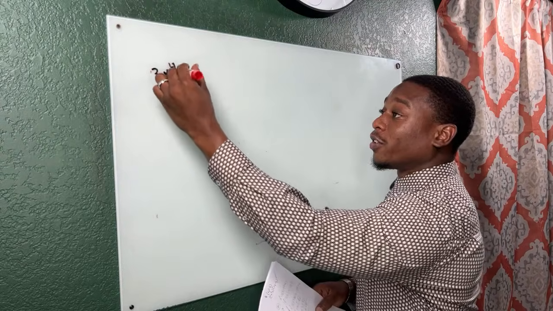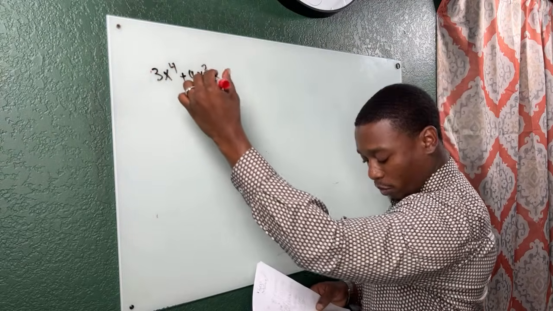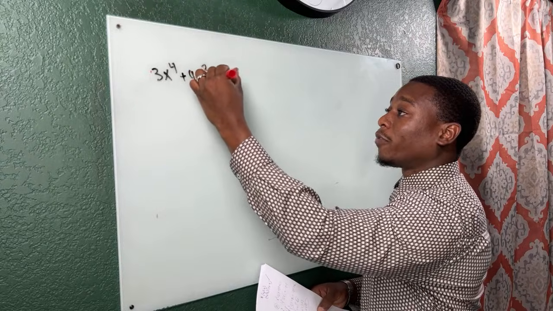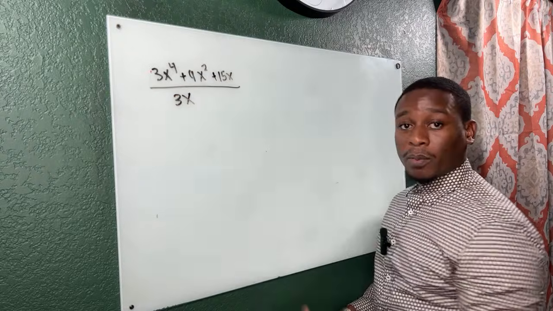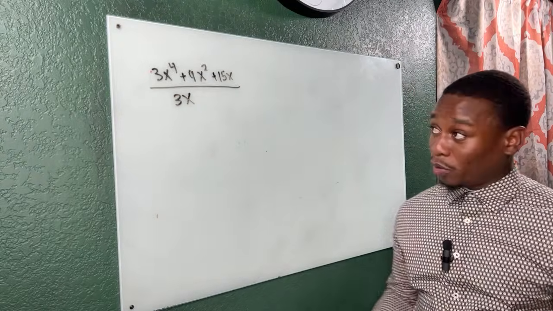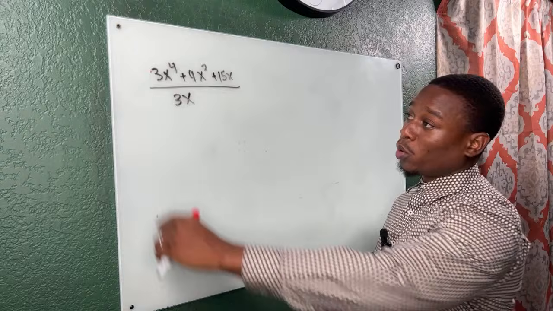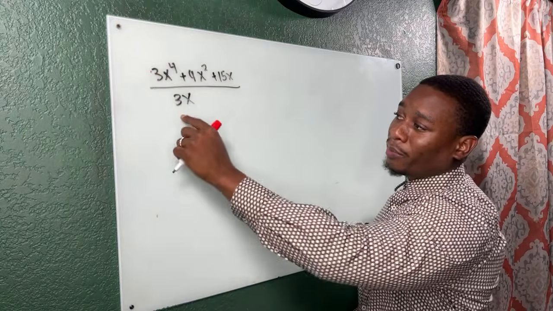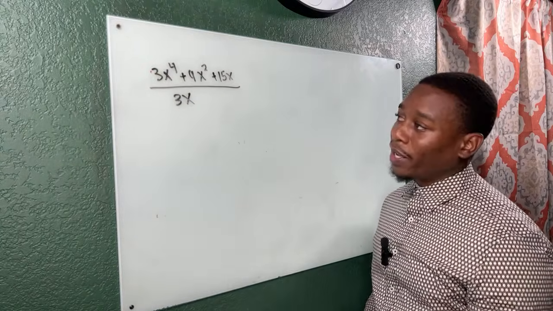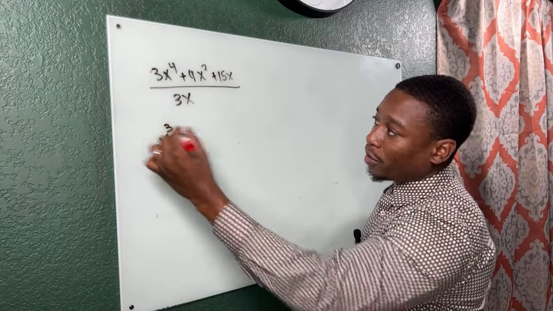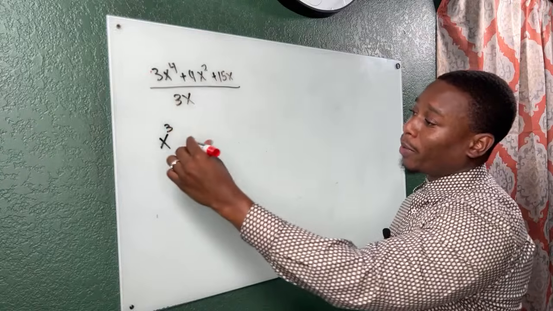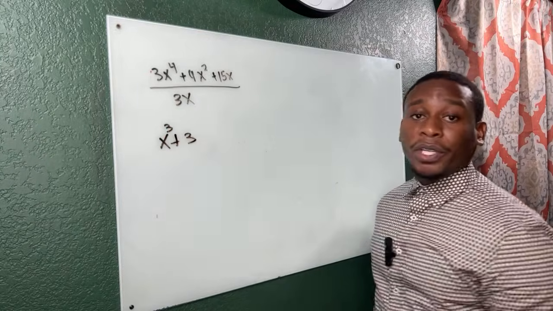Another problem that you guys are going to see on the EOC is polynomials and basically simplifying or dividing. And once we do this, family, just please remember that this follows the properties of exponents. So when we look at the first one, 3 divided by 3 is just 1. We don't need that. X to the fourth divided by x to the third. 9 divided by 3, that's 3.